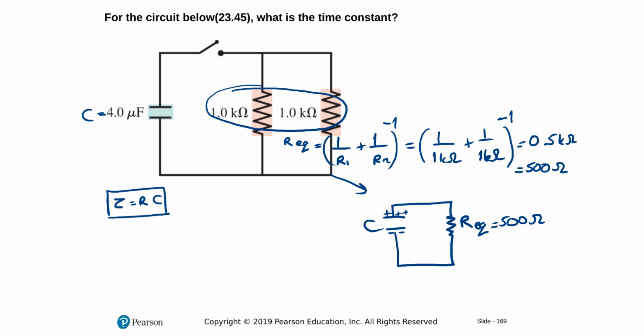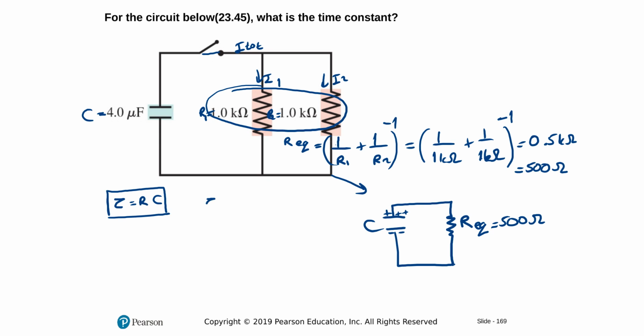It will generate a current when I close this, and then it will finish over time. We will have an I total from here, and it will divide into 2. I1, I2. I would name these guys as well, R1, R2, and so on. But we're not looking into that. We're looking into what the time constant is.